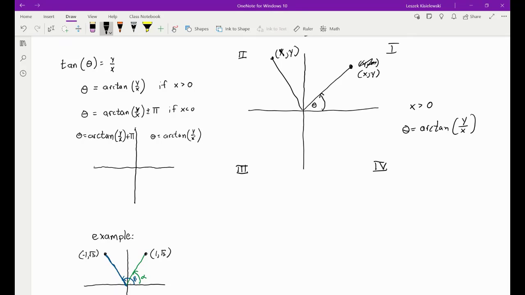Then the formula we'd want to use is to simply add. You can still find a correct theta by using arctangent of y divided by x. However, you'd either want to add pi or subtract pi. So if x is negative, you can still use your arctangent formula to get theta, but you have to remember that you should either add or subtract pi.